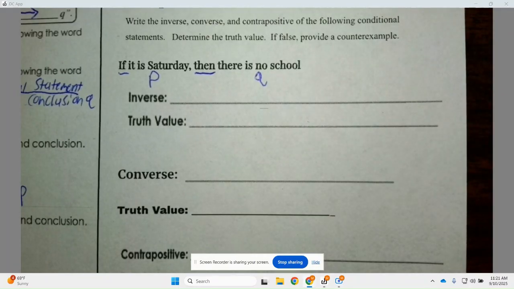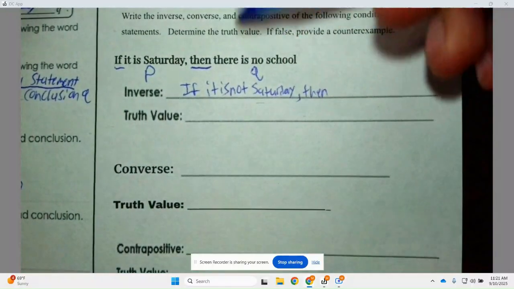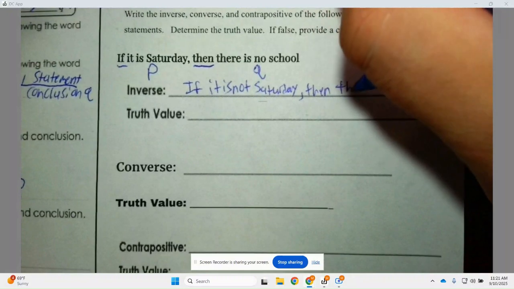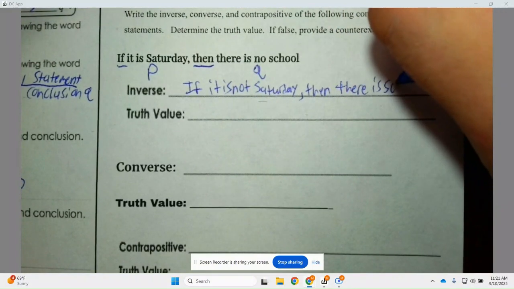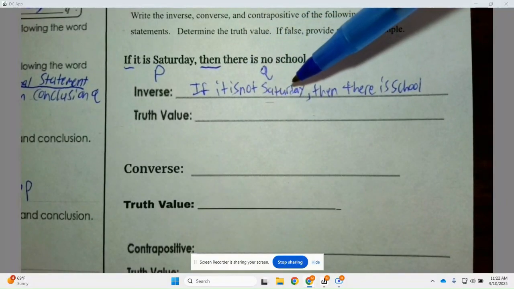The inverse is when we negate P and Q. So if it is not Saturday, then, instead of saying that there is no school, we're going to say there is school. So if it is not Saturday, then there is school.